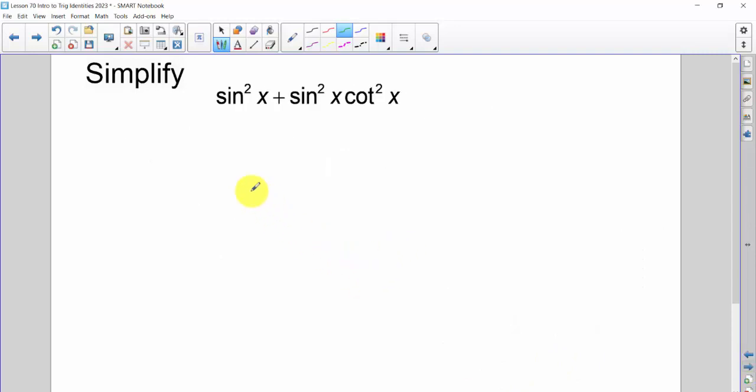Here I'm definitely going to choose to go ahead and use a factorable GCF of sine squared. So I'll pull out a sine squared of x, leaving me with 1 plus cotangent squared. And you'll notice here, I've got some options, but I know that 1 plus cotangent squared is cosecant squared.